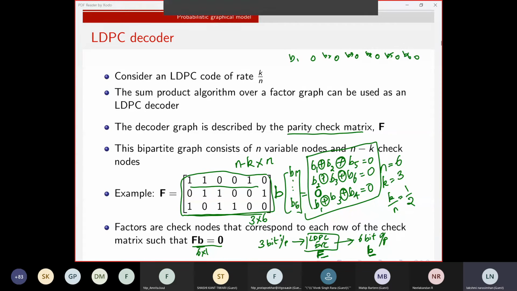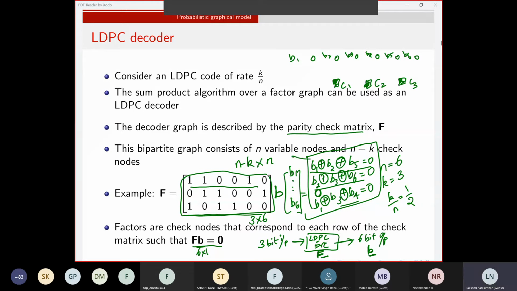And what we have here are 3 factors, which are 3 functions. In LDPC coding theory these are also called the check nodes, and they are also known as the factor nodes. Let's call them factor 1, 2, and 3.